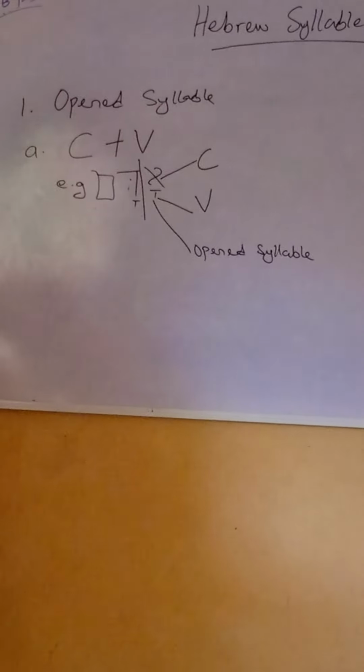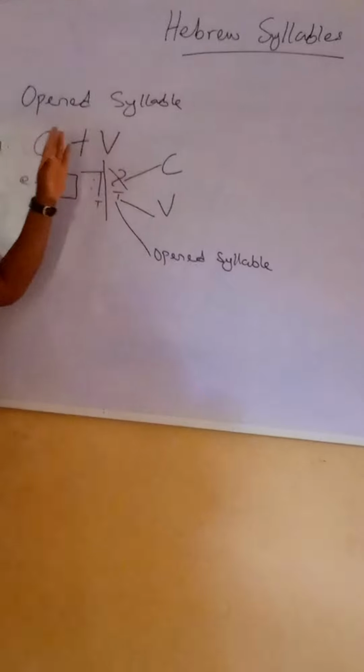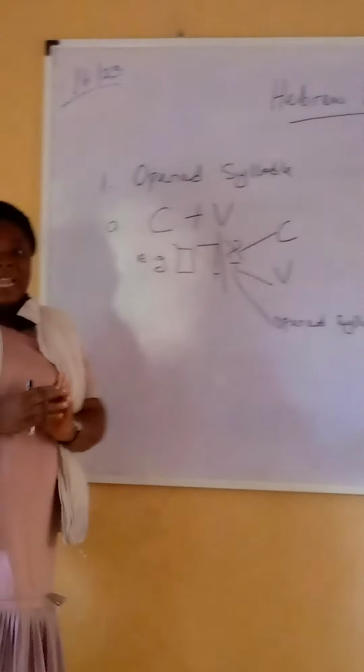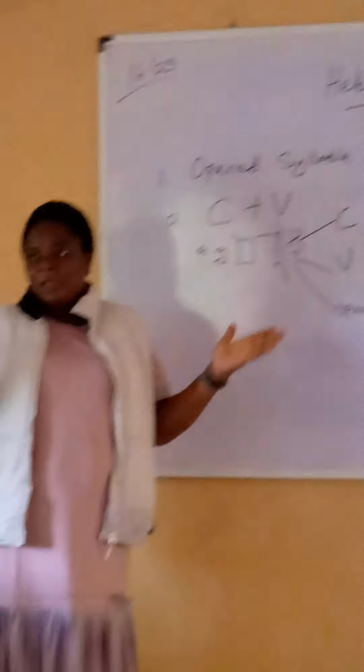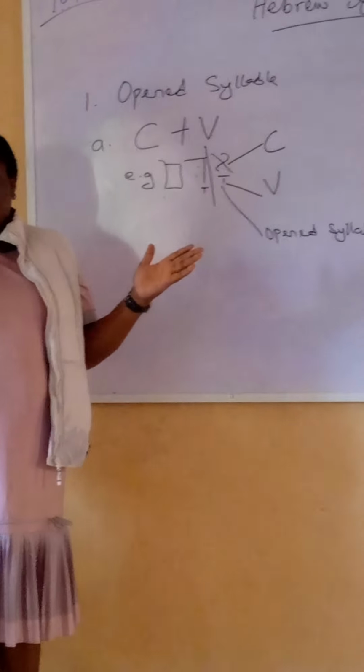You are not the one to formulate it; it's just the ability to identify. Whenever a syllable has consonant plus vowel, I just know that it's an open syllable. Do we get it?